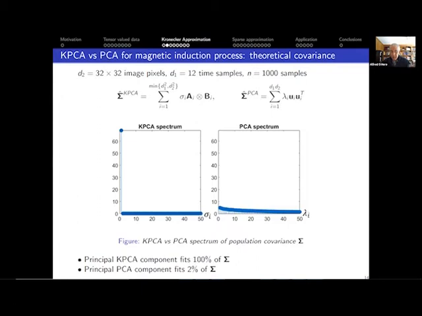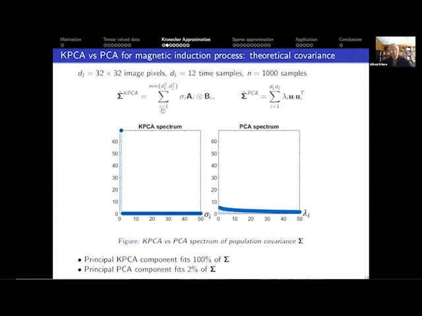Okay, so why does this make sense? Well, if you actually have a rank 1 covariance, like in the magnetic induction equation or any other differential equation of the type I just showed, then R is equal to 1. The Kronecker PCA spectrum, which is simply the plot of the sigma_i's over i ordered, is 0 except for the most significant, that is the principal KPCA component, whereas the PCA spectrum is all splattered over the eigenspace.